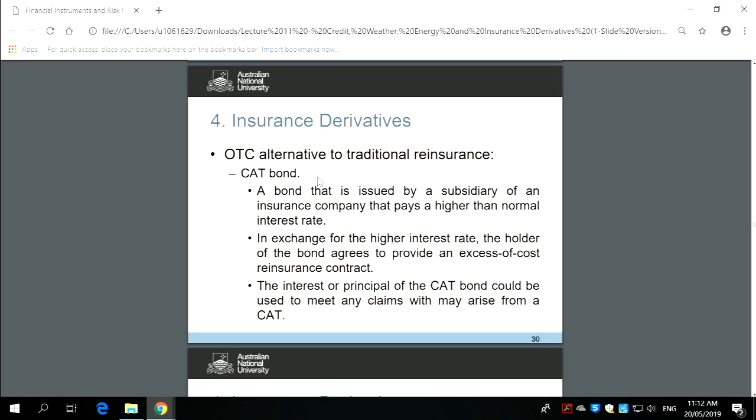In the event the company's California earthquake loss exceeds 30 million, the bondholders would lose all of their principal, and the insurance company can use that money to meet the damage claims. In other words, instead of selling those insurance premiums to another reinsurance company, the bondholders contribute their interest payments and principal to meet those excessive damage claims. So that's another way reinsurance can work, through the cat bond.